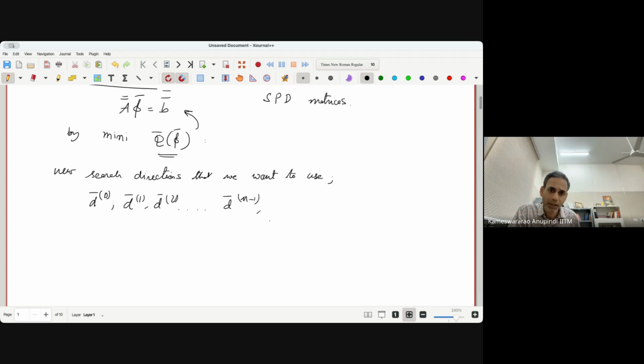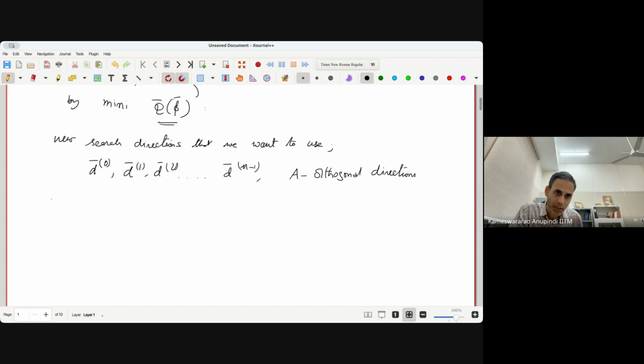Right. So these are the directions that we want to use to reach the minimum value on the Q bar, P bar surface. And these are known as the A orthogonal directions. Okay, A orthogonal directions or vectors. Okay, now what are A orthogonal directions?